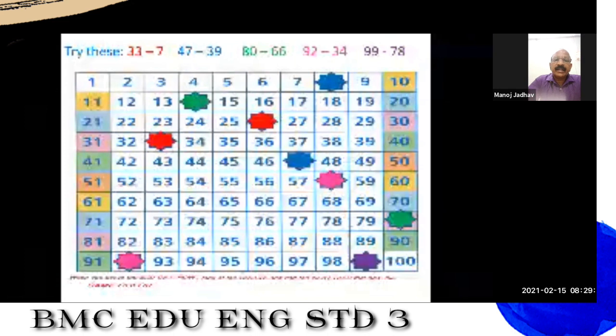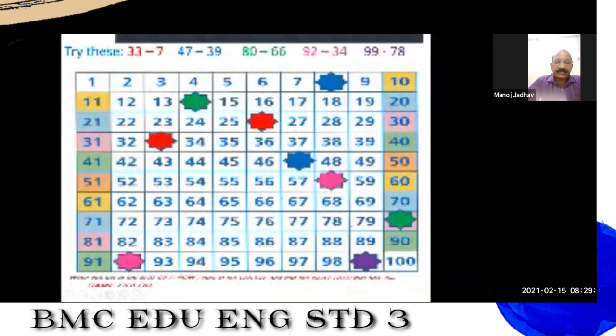Now see the last problem, 99 minus 78. Where is 99? Look at this purple star, 99 minus 78. So what are we going to do? We are going to subtract 70 and then 8. 99 minus 10, 89. 89 minus 10, 79. 79 minus 10, 69. 69 minus 10, 59. 59 minus 10, 49. 49 minus 10, 39. 39 minus 10, 29.